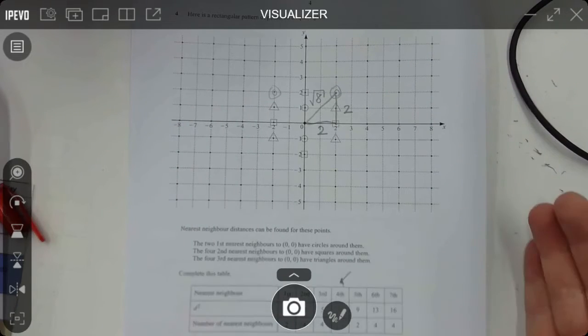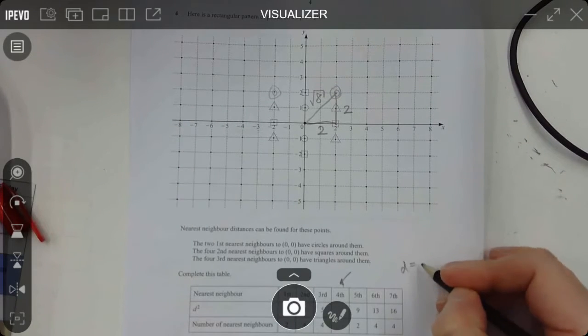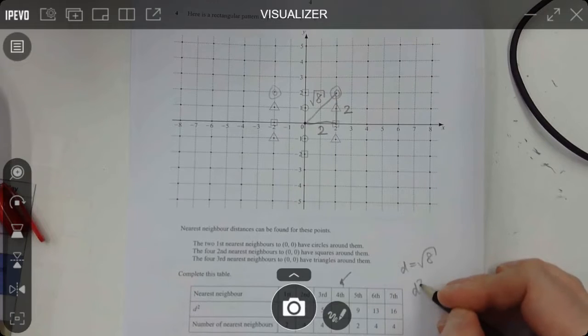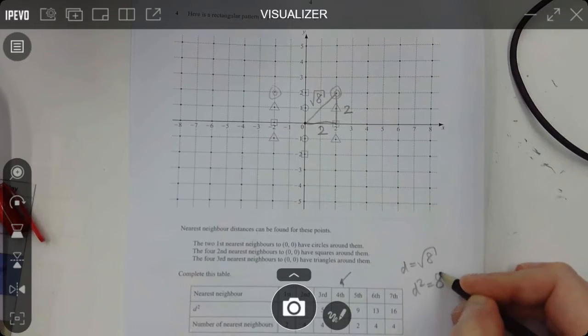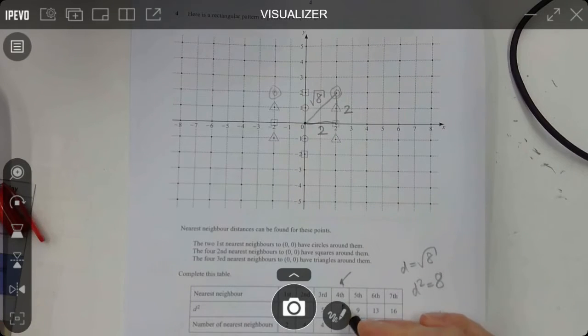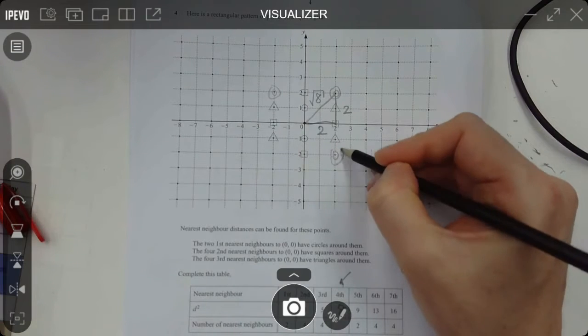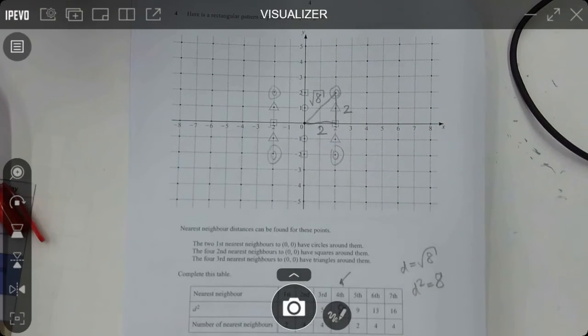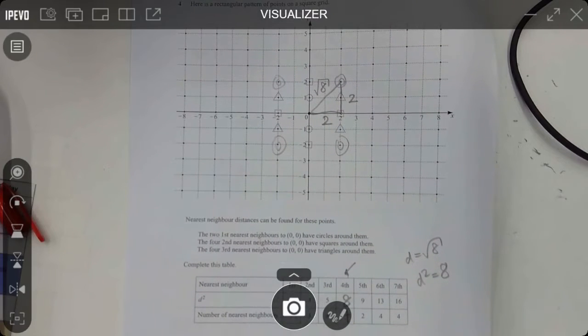So the distance is the square root of 8. So d is root 8, which means d squared, squaring both sides, is going to be 8. So that part is done. Number of nearest neighbours, there should be 4. There's going to be another one here and another one there. So it'll be 8 and 4.